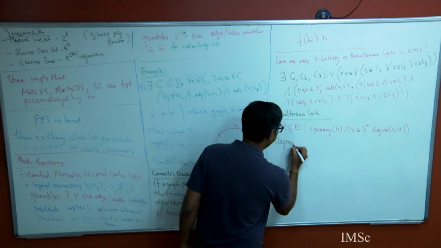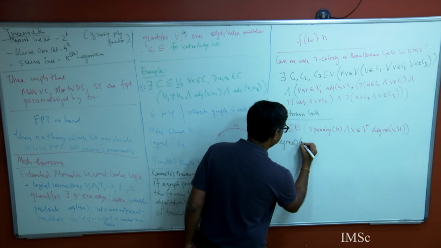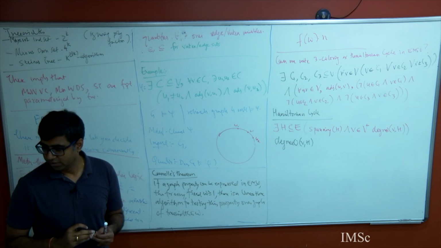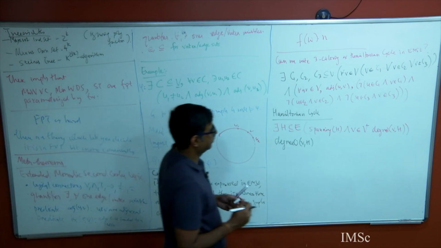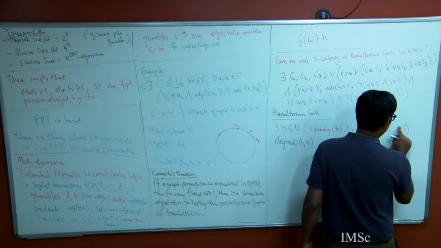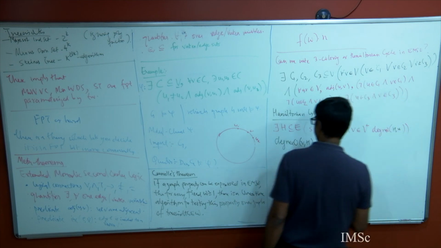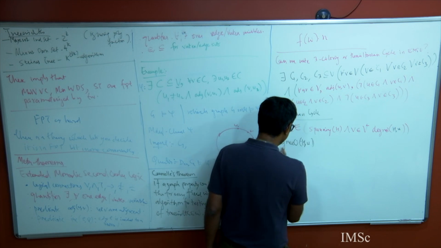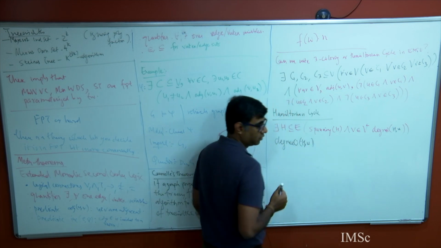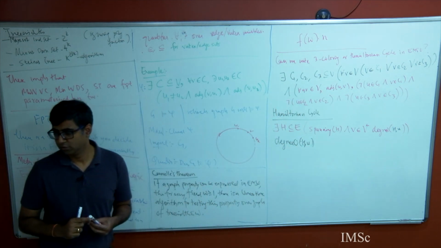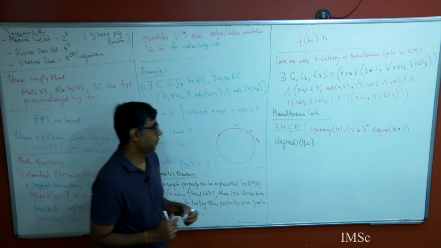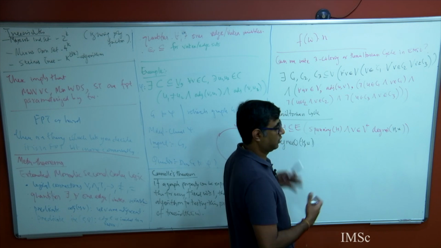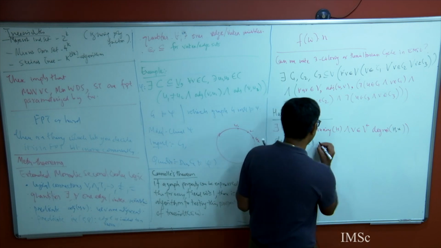First let's write degree 0 of V comma H. How will we write this? If I wanted to say V has some non-negative degree, what will you say?